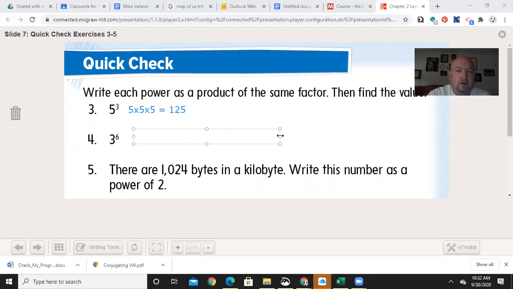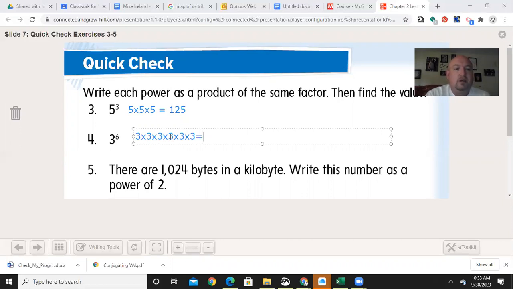Let's put another one. Make this a little longer for us. What's my base number? 3. So that's the number I keep multiplying. And there are going to be 6 of them. 3, 4, 5, 6. Correct? Yep. And now let's go ahead and put an equal sign because I need to find the value. It gets tougher. 3 times 3 is 9. Times 3 is 27.